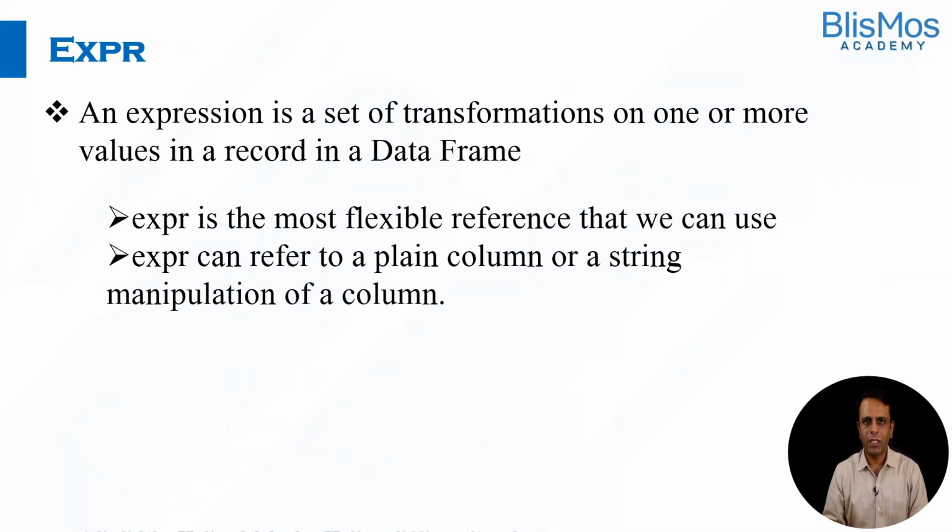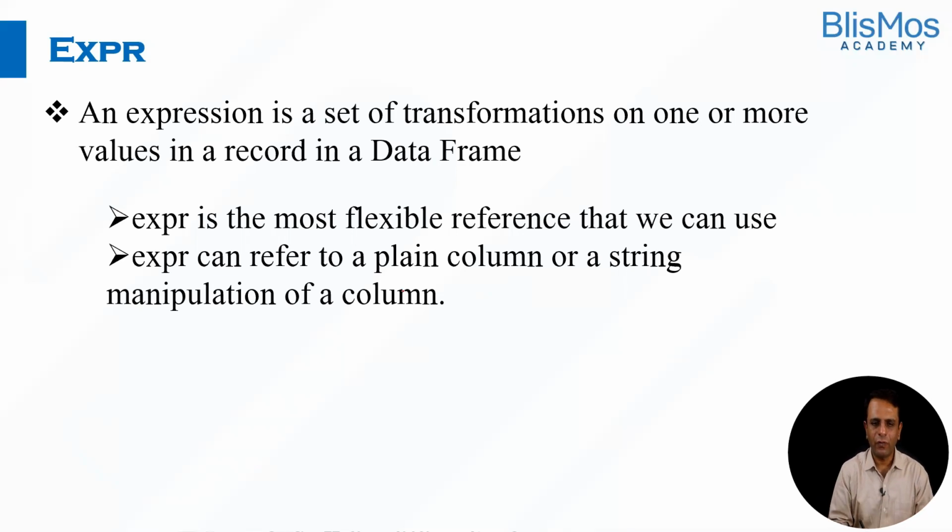As we understand, expressions are also very important to manipulate the columns. In the previous lecture, we understood expressions are nothing but a set of transformations on one or more records in a data frame. What are transformations? Transformations are a set of instructions to modify or manipulate the data frames. Now that we understood an expression is a set of transformations, they are a very flexible reference that we can use to do some transformations.